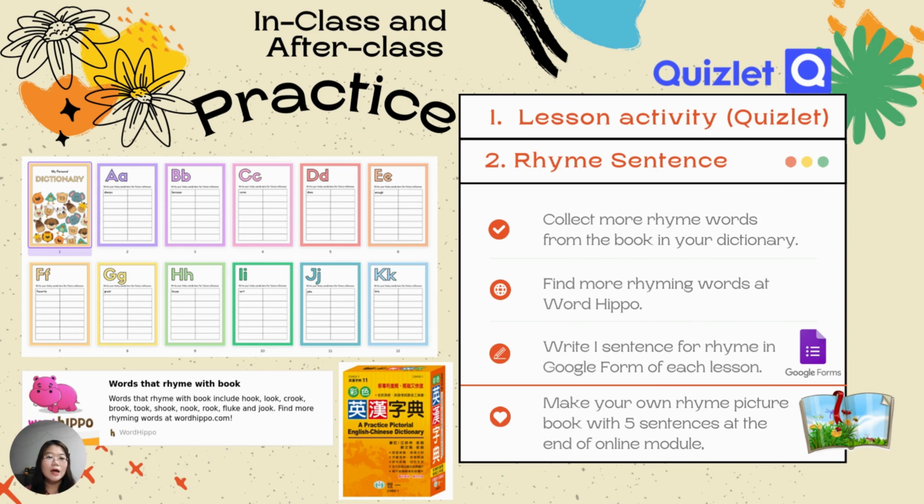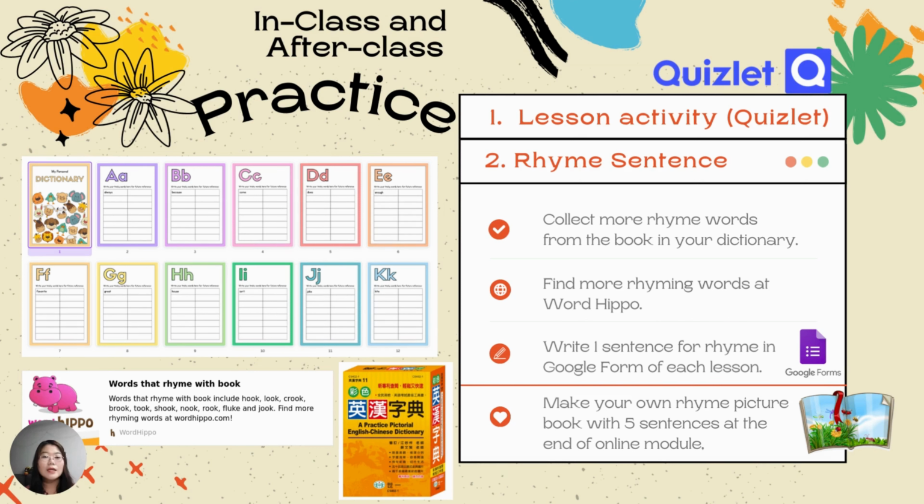Okay, so next, after these lessons, we're going to develop a practice. In each lesson, students will use the lesson activities on Quizlet. Quizlet is another online platform which can help students to spell the word and sound the word out loud. And the second part is about the rhyme sentence, which means that after they learn each lesson, I want students to write down one rhyming sentence in Google Form, and I'll give them the example first.